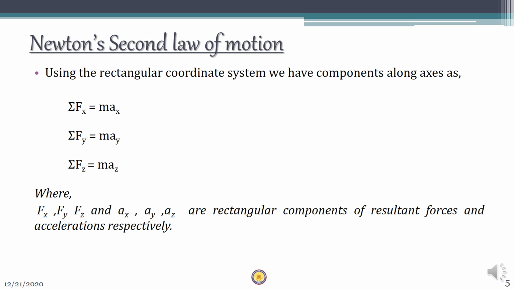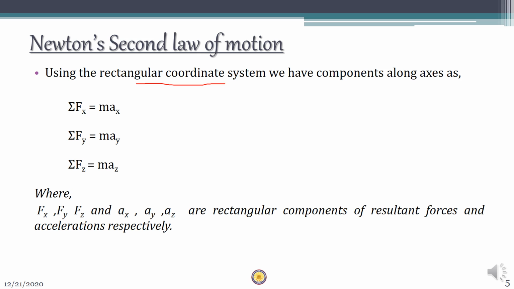It is also to be noted that both force and acceleration are vector quantities and mass is a scalar quantity. So these vector quantities can be resolved into individual components along the rectangular coordinate system, x, y, z, by taking the projection. So instead of writing sigma F is equal to ma, you can also write the same equation in terms of its components.